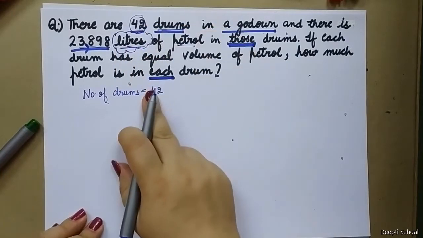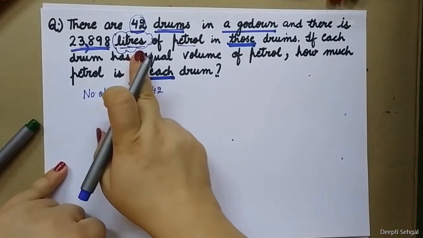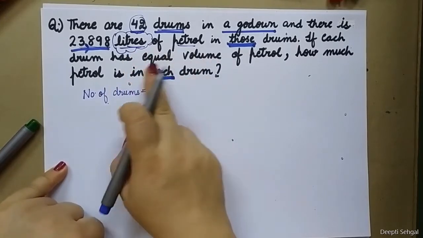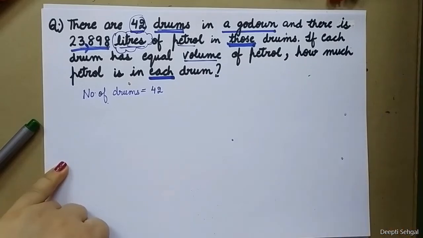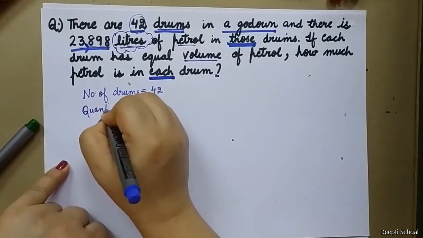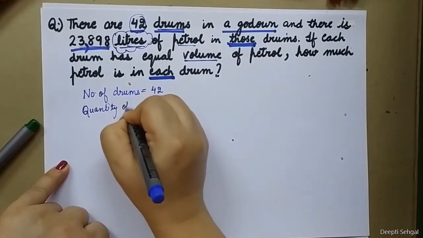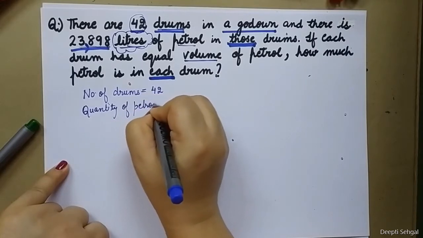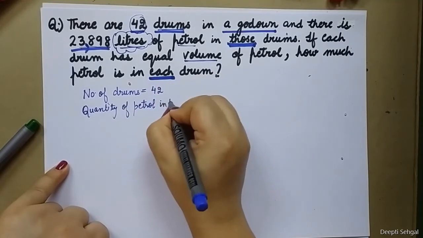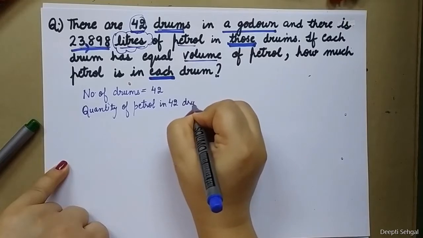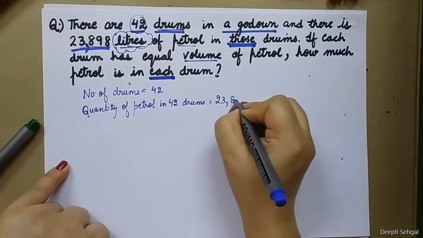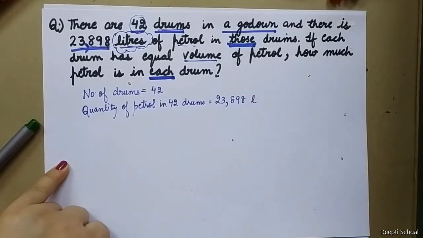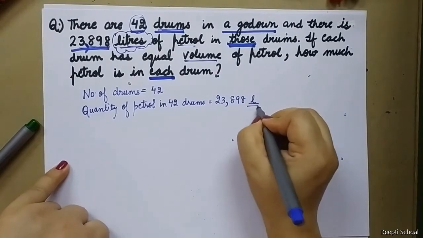And whenever it is liters, either you will write quantity of petrol or you can write volume. Whenever we talk about the quantity of liquid, we use the word volume. So quantity of petrol in all the drums, so in 42 drums, how many liters. Do not forget to mention liters here.